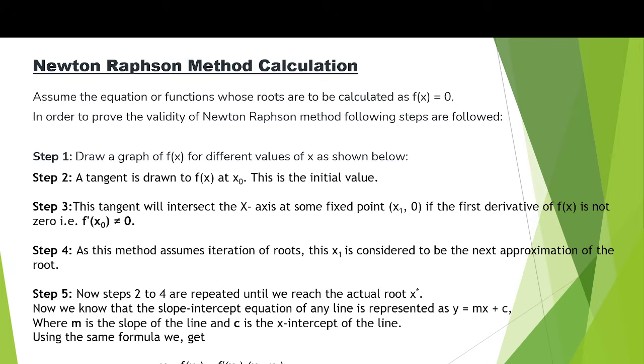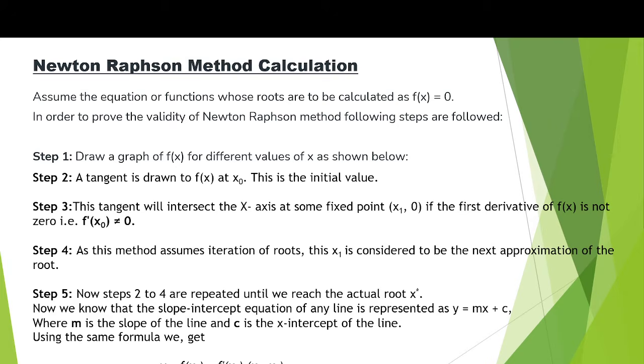Now we know the slope-intercept equation of any line is represented as y = mx + c, where m is the slope of the line and c is the intercept of the line.